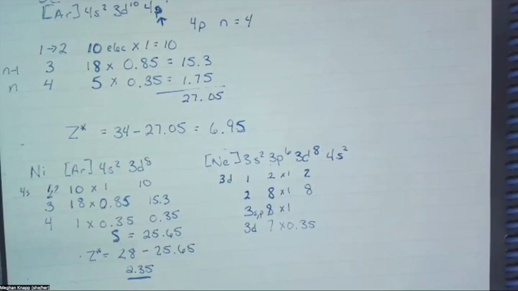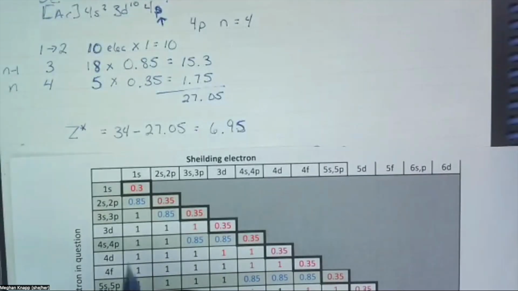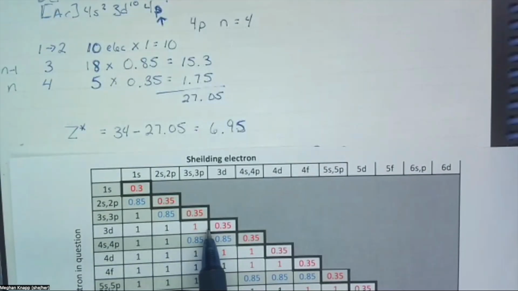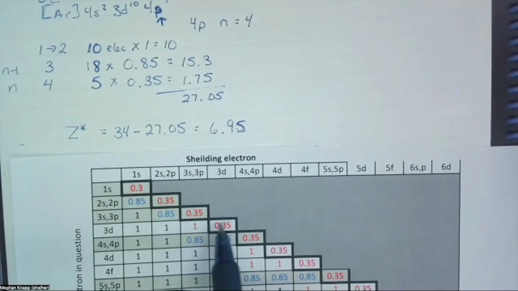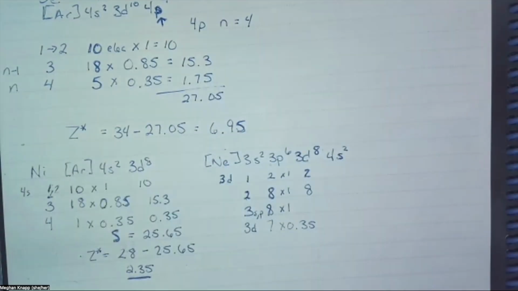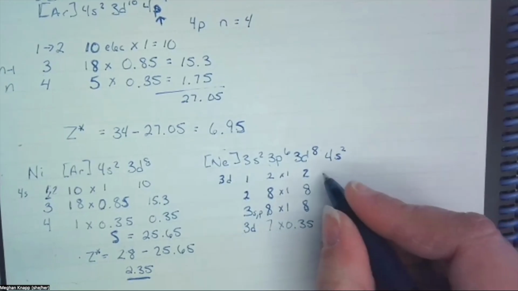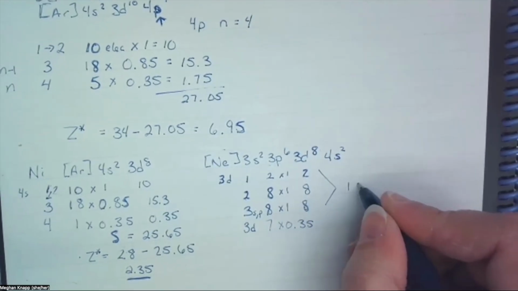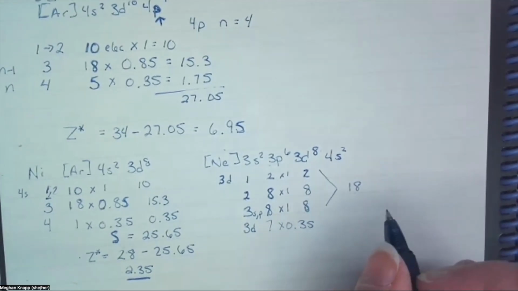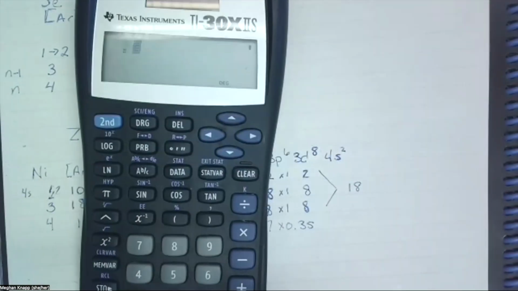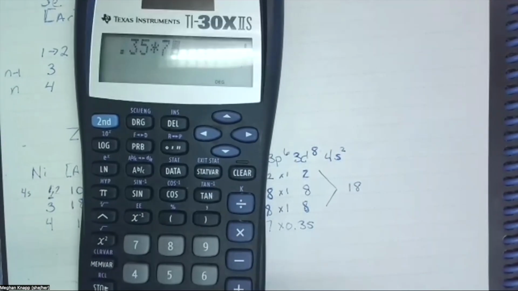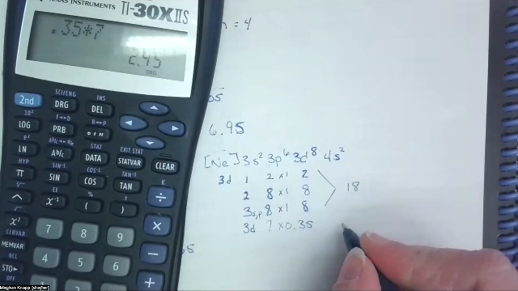All right, and again, if I'm looking at this chart for my 3D, everything except for other 3D electrons counts as a full 1. Okay, so that means I have 18 plus, need my calculator, 2.45.